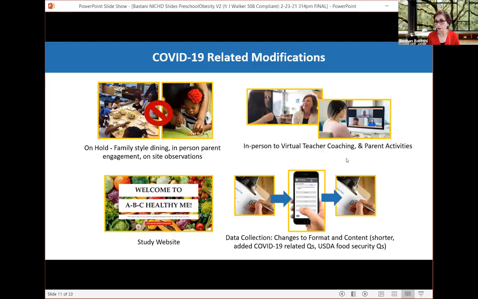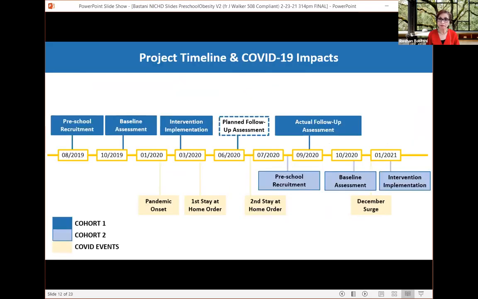We moved to virtual modes for both the coaching, which actually can work very well, as well as for parent activities. We had to make some changes in our data collection, including how many questions. We added some COVID-related questions. We asked questions about food insecurity, which is an important issue in our communities.